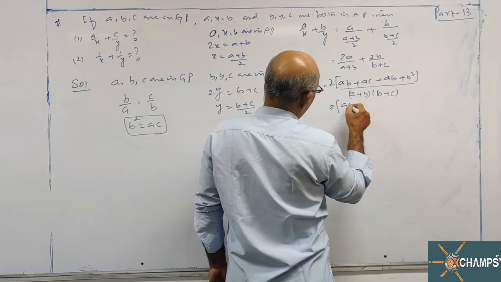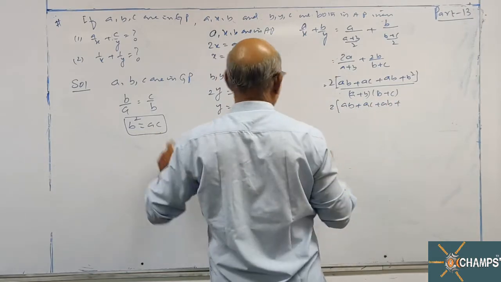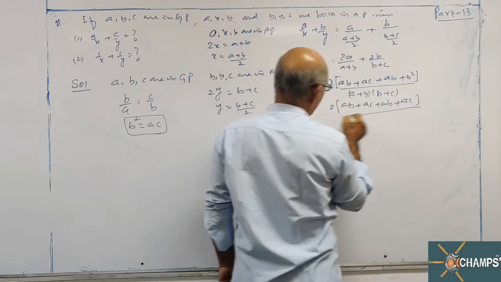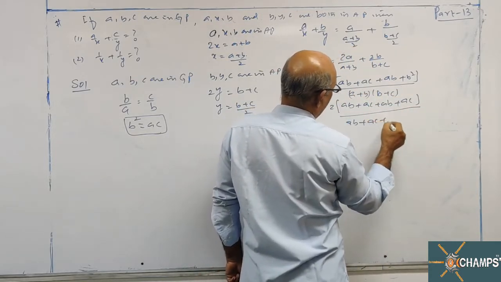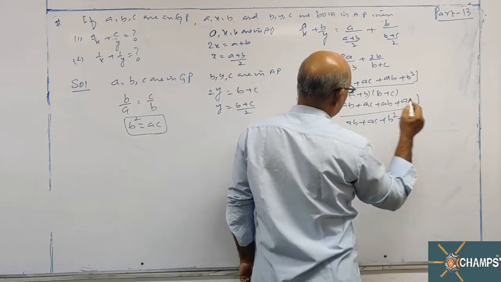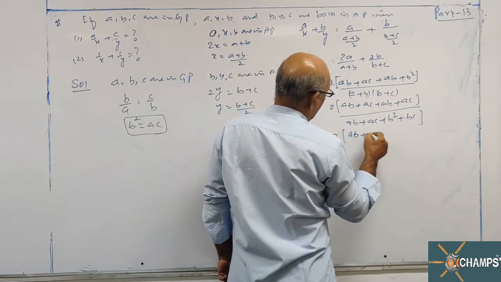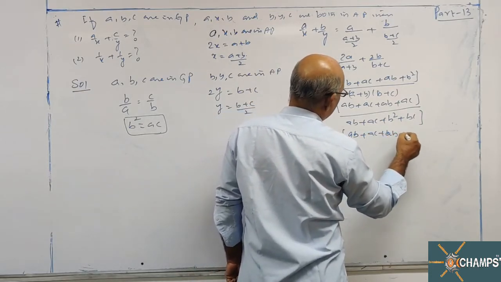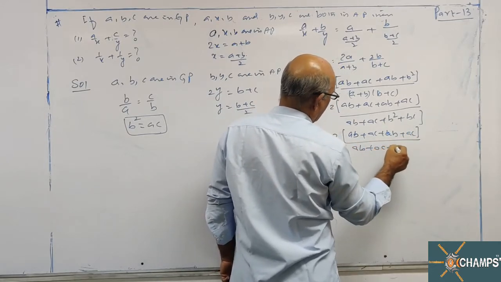Now 2 times (AB plus AC plus AB plus B square). B square can be replaced with AC. So A into B is AB, A into C is AC, B square plus BC. Again 2 times (AB plus AC plus AB plus AC) divided by (AB plus AC plus B square plus BC).